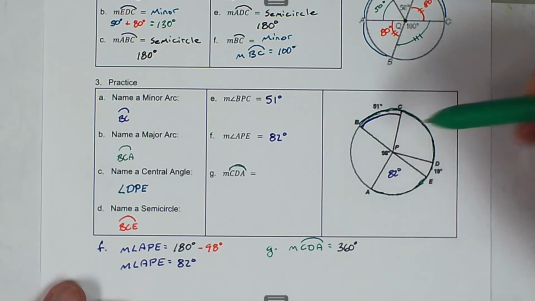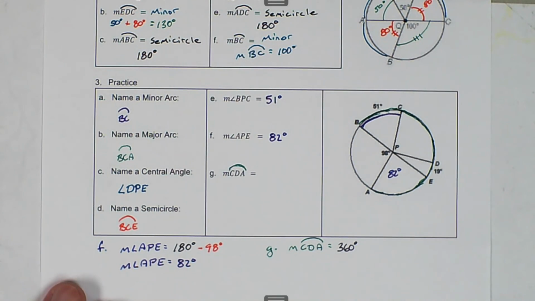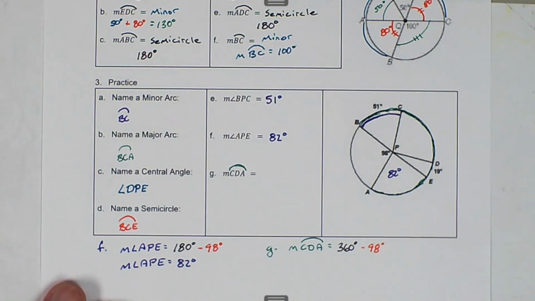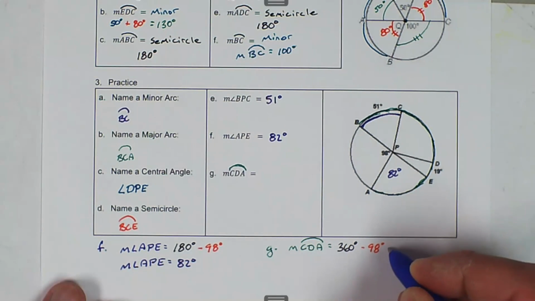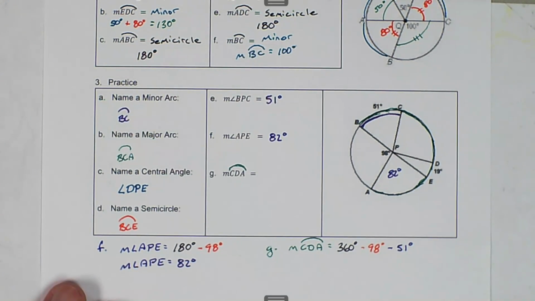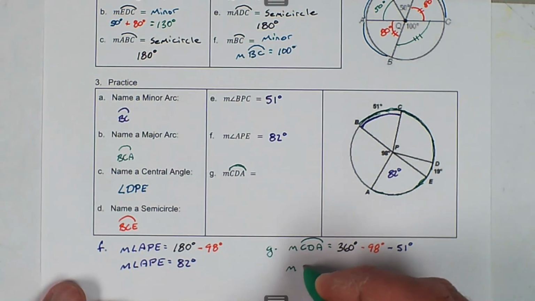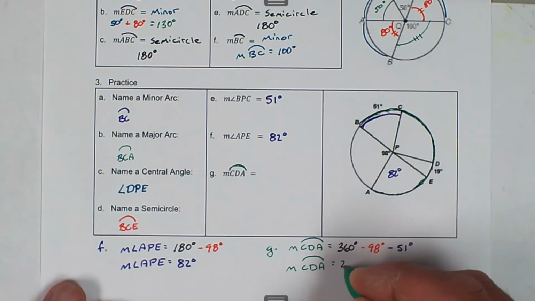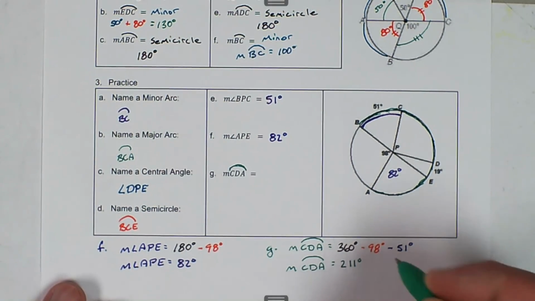That's the 51 and the 98. So we're going to subtract those. So we're going to subtract 98 degrees, and we're going to subtract 51 degrees, and the remainder will be the measure of arc CDA, which is going to be equal to 211 degrees.